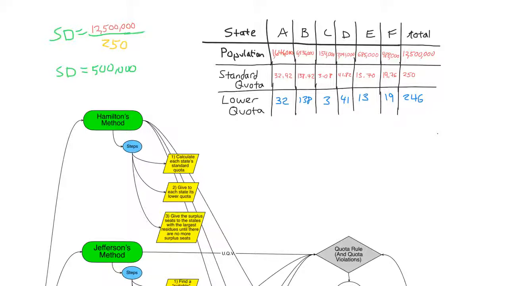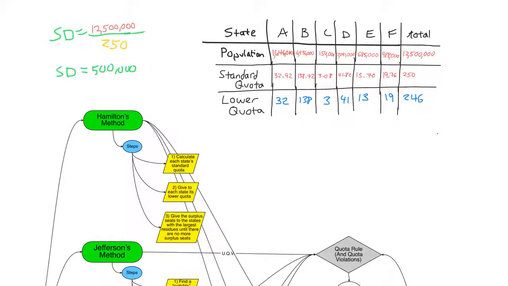So, of course, the question is, what the heck do we mean by residue? Well, residue would be the decimal value that takes place after the decimal point. So in this case, for state A, the residue would be 0.92. The residue for state B would be 0.72, and so on.